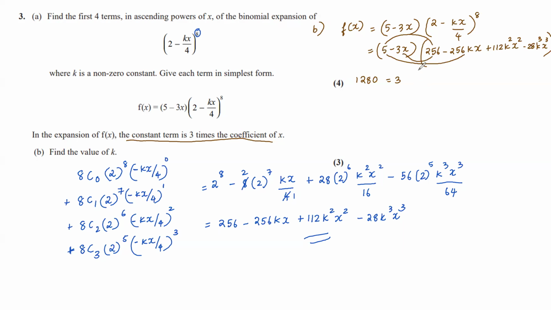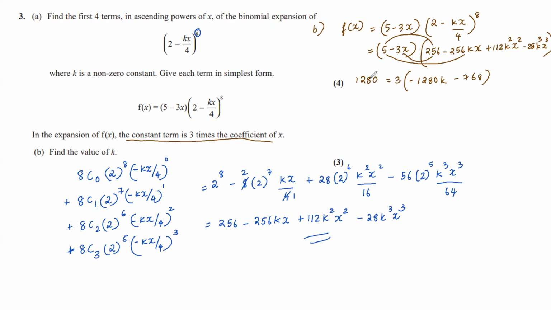These are the only two possibilities where we will be getting the variable as x. So 5 multiplied by minus 256 is minus 1280k, and minus 3 multiplied by 256 is minus 768. The question is to find out the value of k.